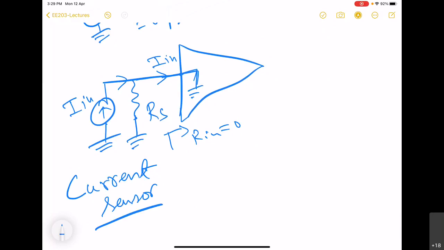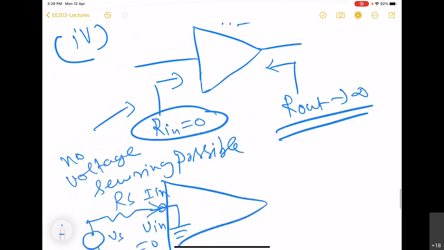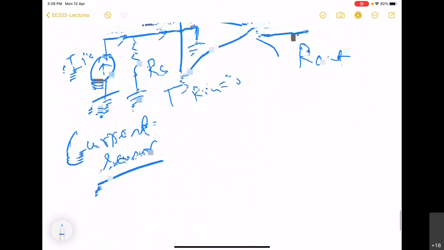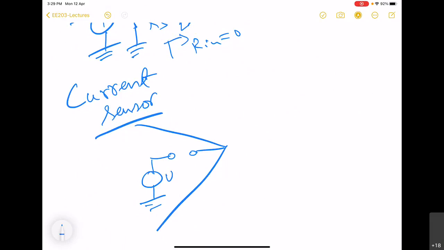Now if you see the scenario on the output side where we have taken output resistance to be infinite. Here, if we try to ensure that R out is infinite, then actually there are two possibilities. One is that you take a voltage source, and if you want output resistance to be infinite, then you will have to make this kind of arrangement.